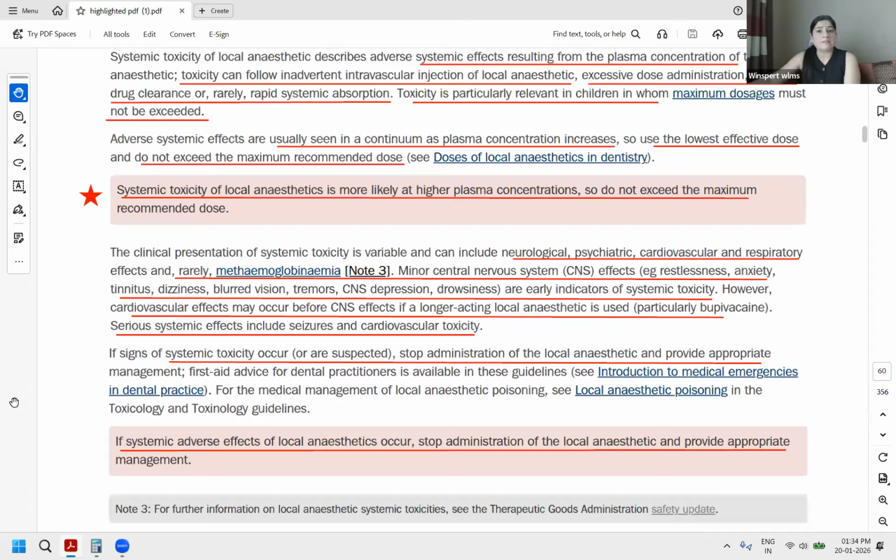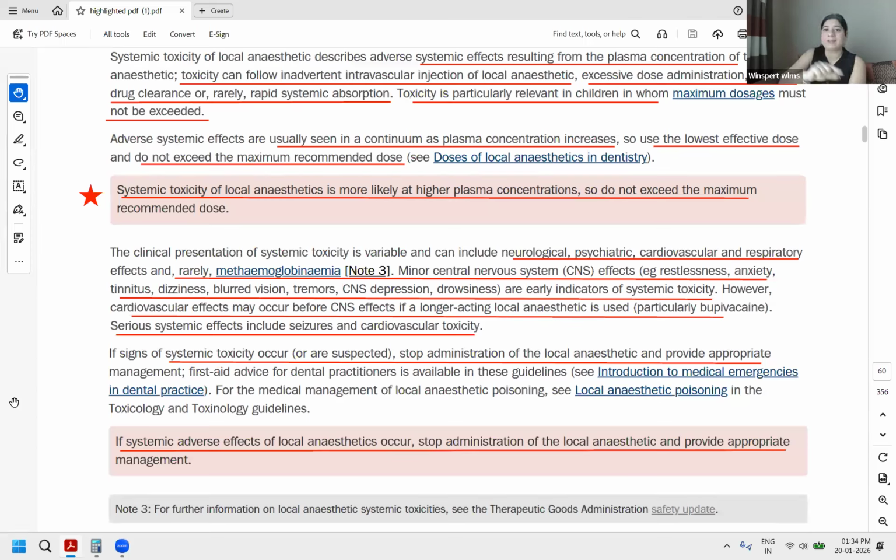That is why never exceed the maximum recommended dose, and it's crucial that you know the formulas, know the magic numbers. Especially for lignocaine, it is asked in the examination. So I'm giving you 3 magic numbers today for the lignocaine calculation.